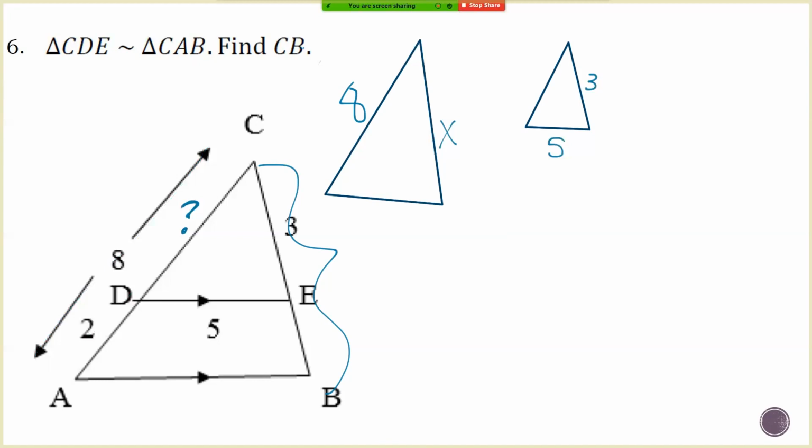We know that the entire left side here is 8, and this little piece down here accounts for 2. If I have an entire length of 8 and I'm taking away 2 to get to that shorter side, I know that this side must be 6, because 6 plus 2 would give me that entire length of 8.